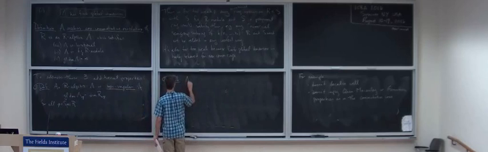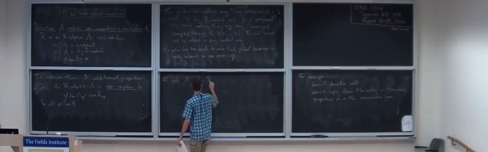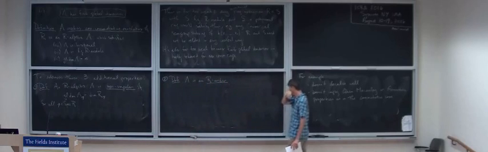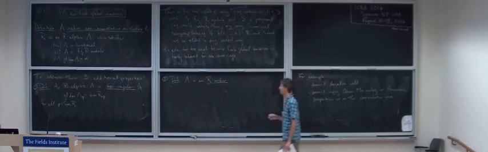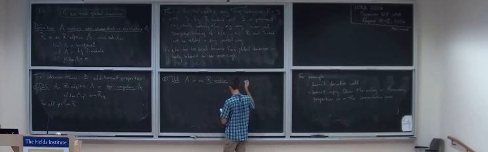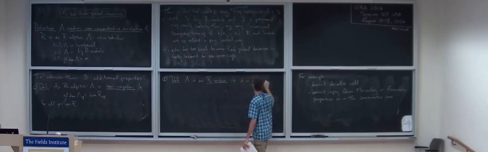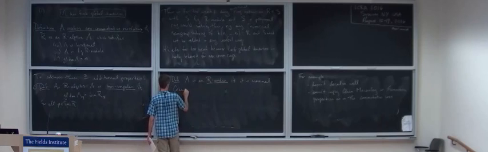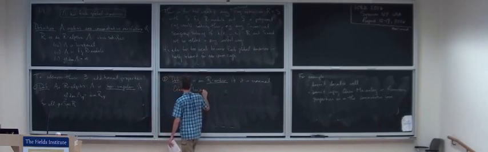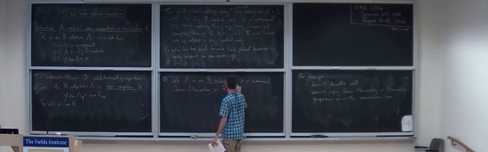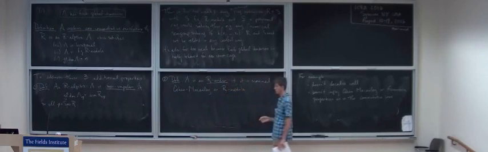Let's say that lambda is an R order if it is maximal Cohen-Macaulay as an R module.